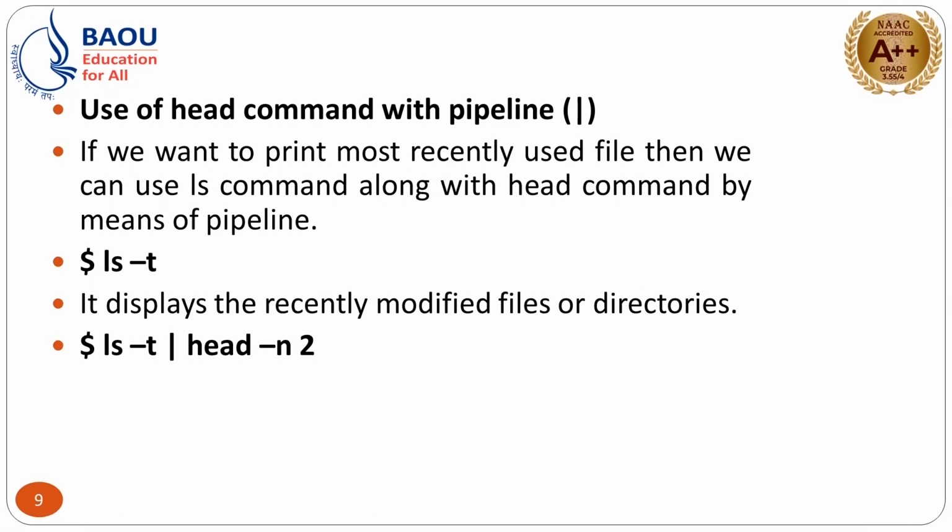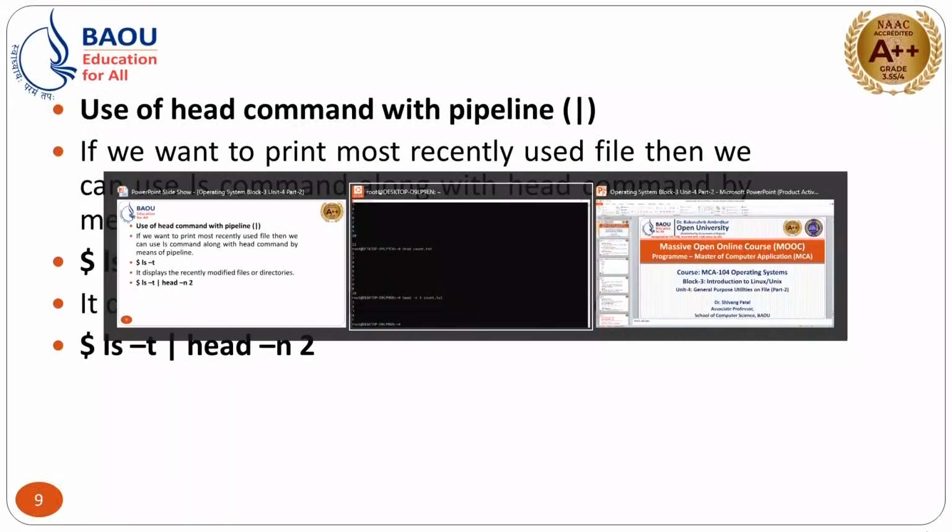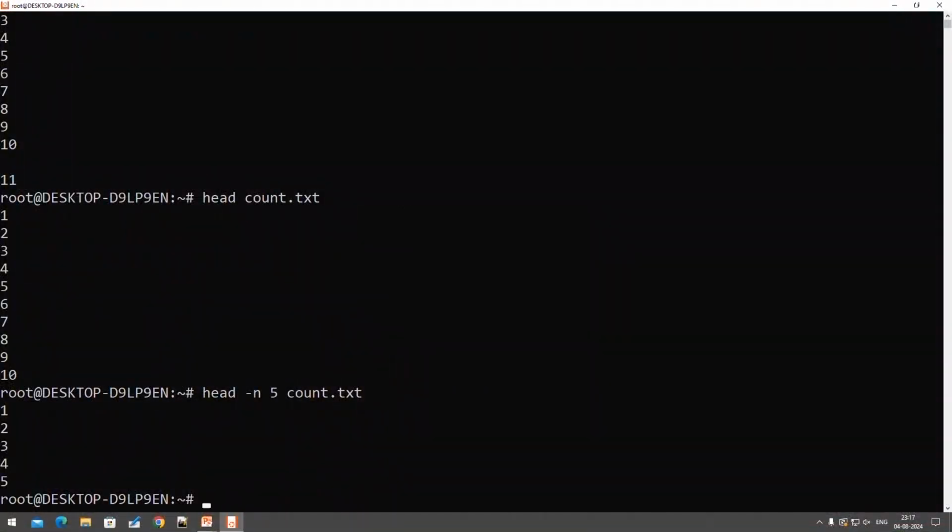In that case you use this option N and 2, because you require only the 2 latest files. First of all you use the ls command, so it will list all the files, but in their modification time order. We are not requiring all those files, we require just 2. So we use the pipeline symbol, and then head, then option N and 2, right. The same thing we will now see practically. First of all I am clearing the screen.